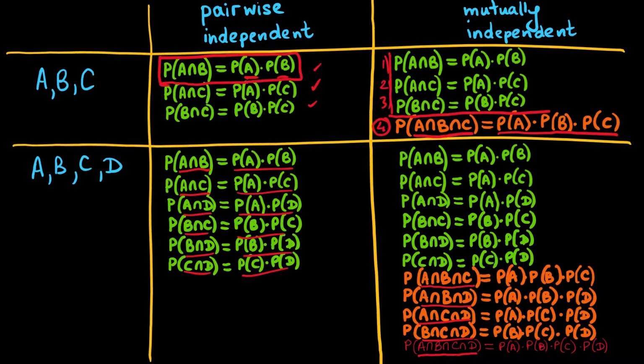So just be careful and make sure you distinguish between pairwise independence and mutual independence. We don't need to worry about that when it comes to disjointedness, because pairwise disjointedness implies mutual disjointedness.